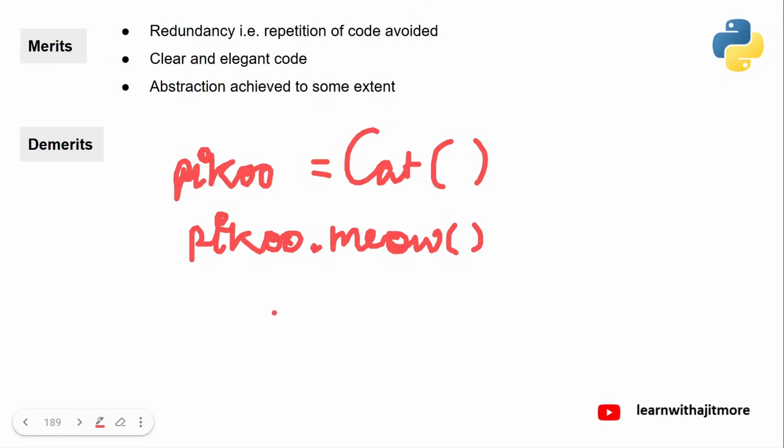Because you forgot to call set data. Means before this, we were supposed to give some initial data to this Piku object. We forgot to call Piku.set_data and pass something so that Piku will get those initial properties, height, color, and then you can print it. So you forgot to do it. So that is the problem.